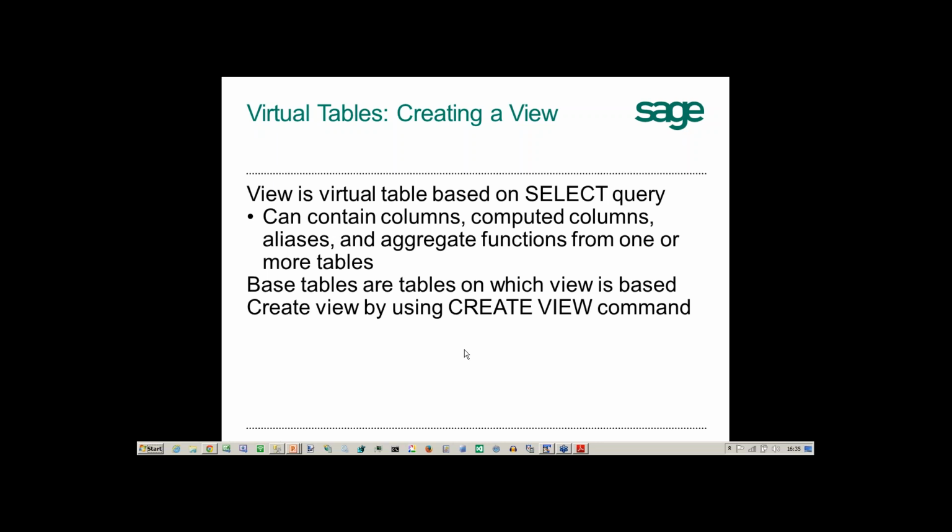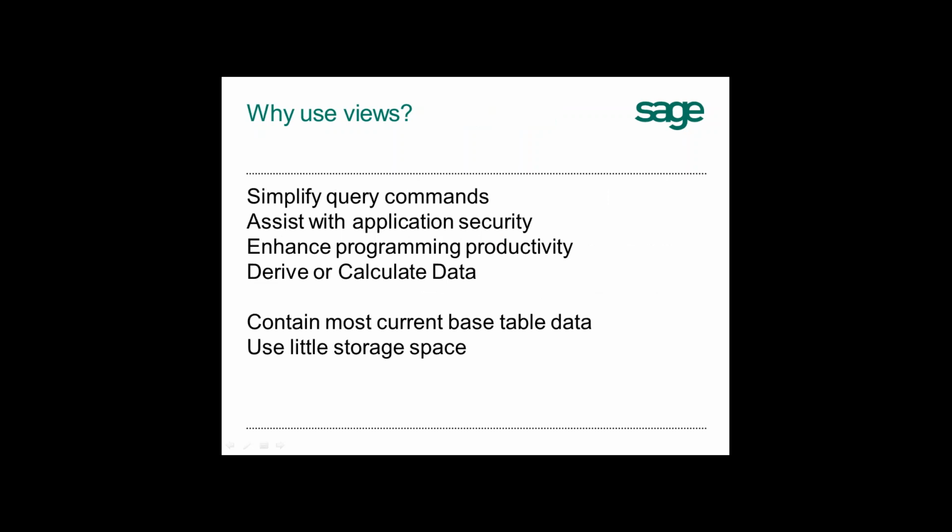If we want to use a view, and we're going to use a view, there are some real strong reasons why Sage CRM uses views as opposed to just interacting directly with the tables.